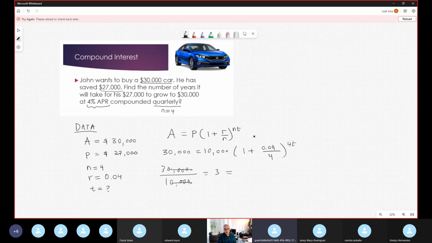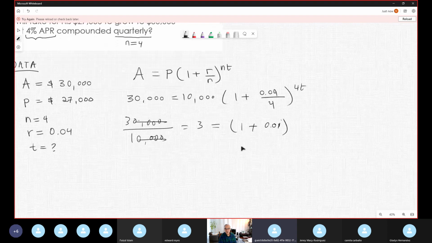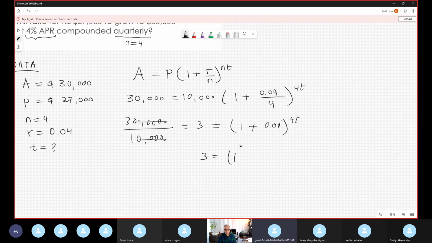Then 30,000 over 27,000 equals 1 plus 0.04 divided by 4, which is 0.01. So 1 plus 0.01 is 1.01 raised to the 4t.